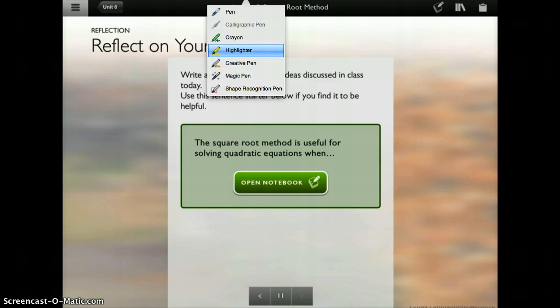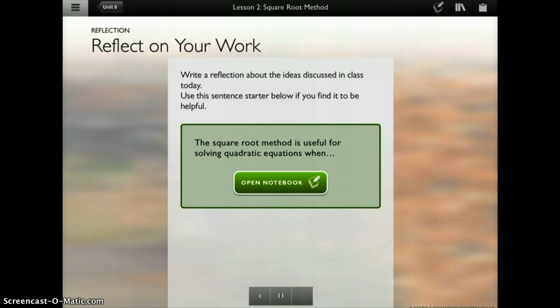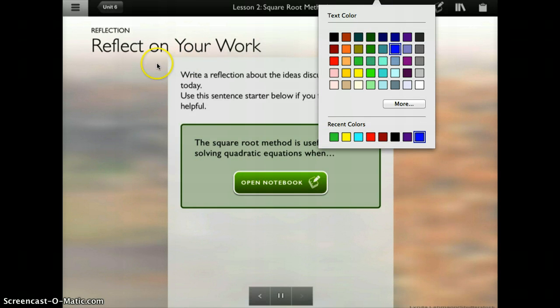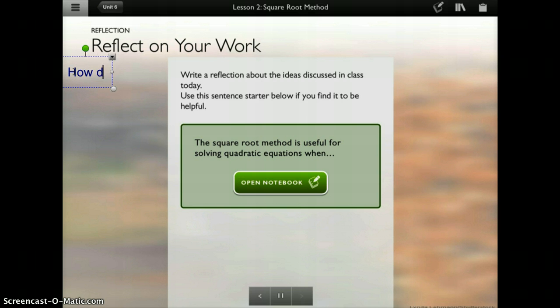So let's add some extra questions here that might guide your thinking, so that it's easier to answer, not so I can give you more work. Think about this in a positive way. How does this lesson connect to older lessons?